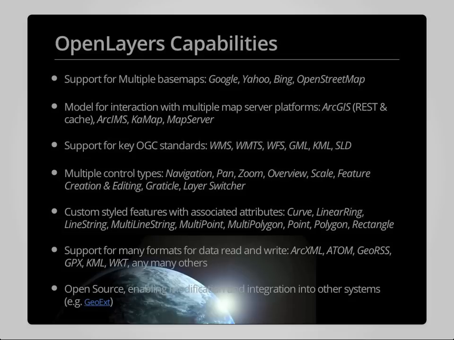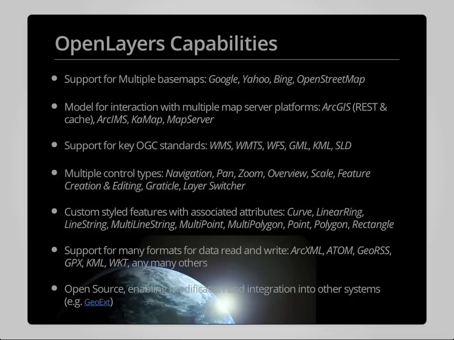Multi-line strings, which are features that actually consist of multiple line string objects. Multi-points, which are collections of multiple point geometry objects. Multi-polygons, which, as you might expect, are collections of multiple polygon objects.